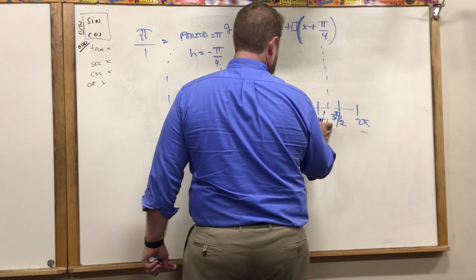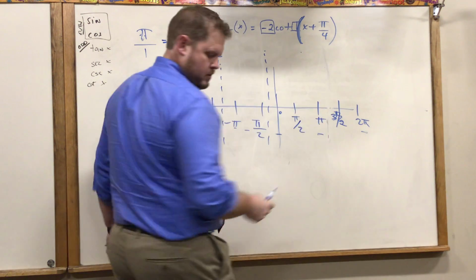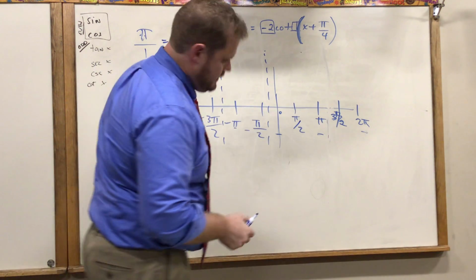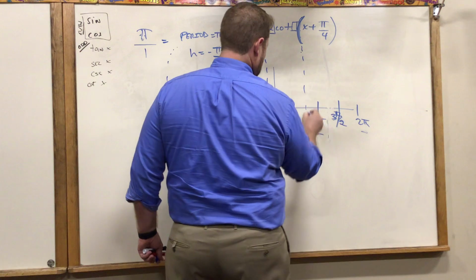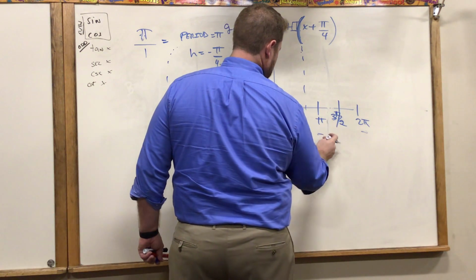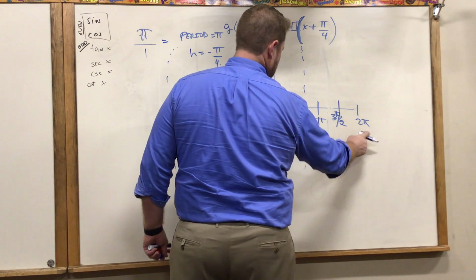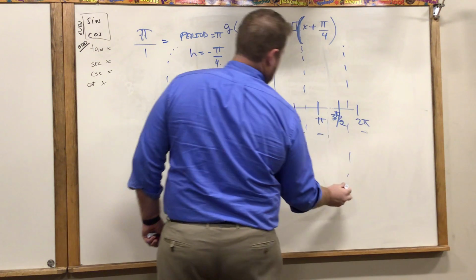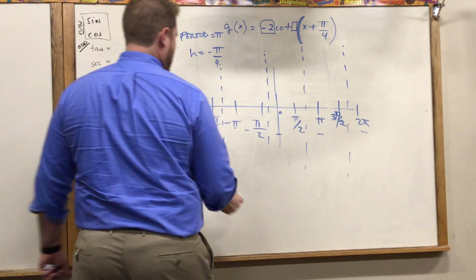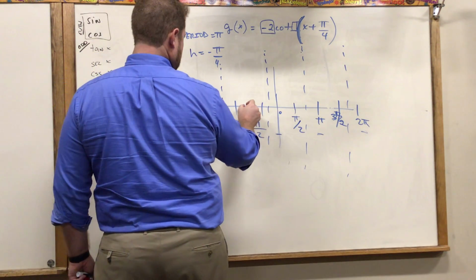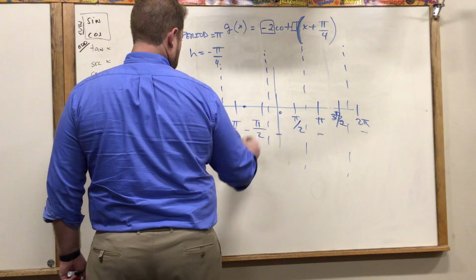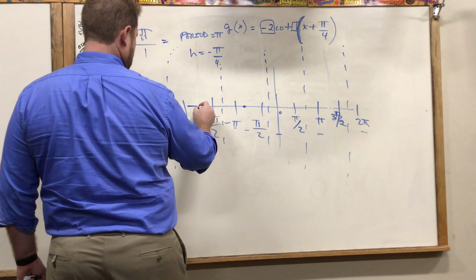Sorry. Make sure I got it right here. Yeah, so between these two. We're shifting it over. So this one shifts over. Okay, I know it's probably not clear. So now you have your graph. So it's going to be right here.